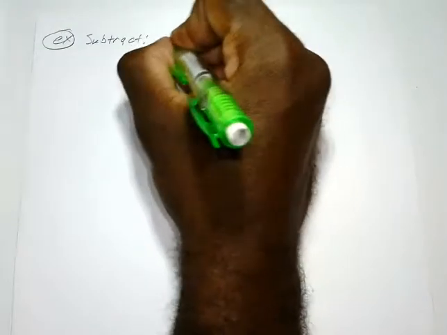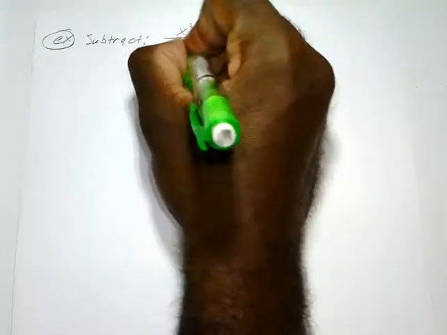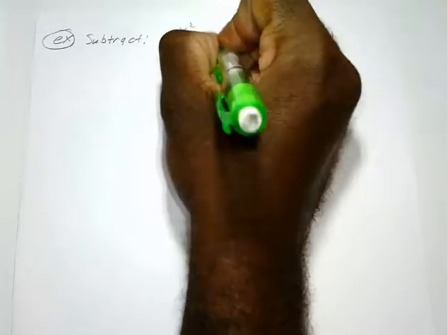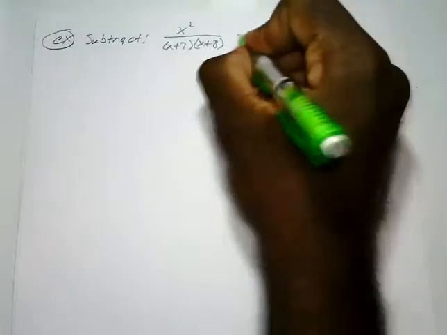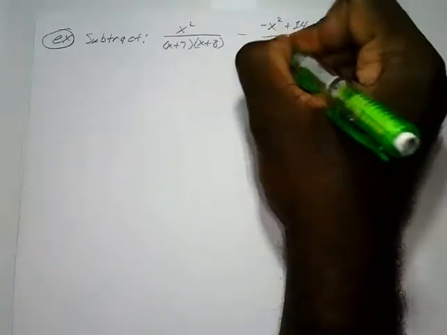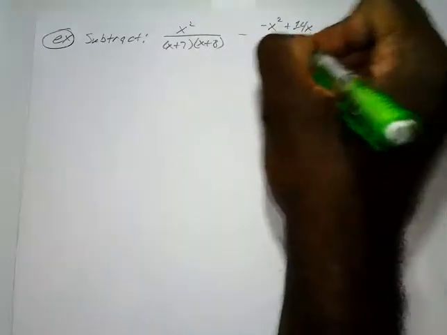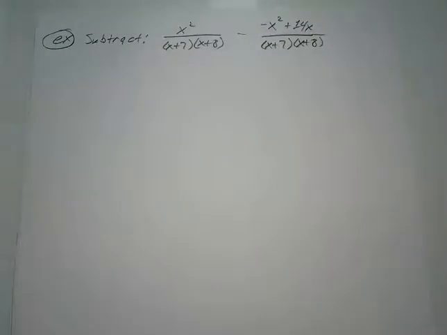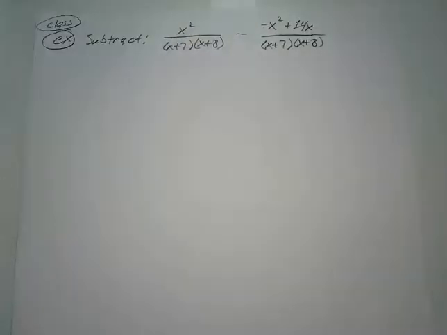Alright, so let's say for our example, if we want to subtract x squared over x plus 7 times x plus 8 minus negative x squared plus 14x over x plus 7 times x plus 8. Alright, so what I want you to do is go ahead and press pause, and try to solve this one on your own.